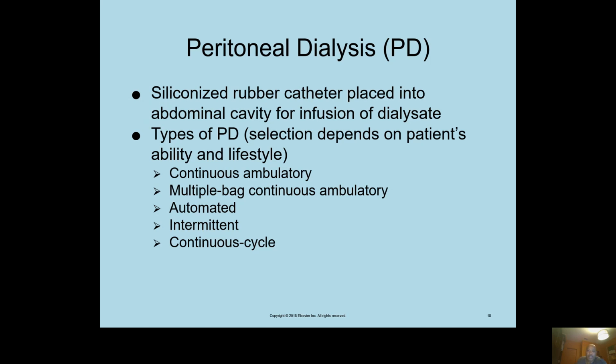And these are just some different forms of dialysis that I won't belabor, but just be aware of the different types. All right. Now, peritoneal dialysis allows exchange of waste, fluid, and electrolytes to occur in the peritoneal cavity.